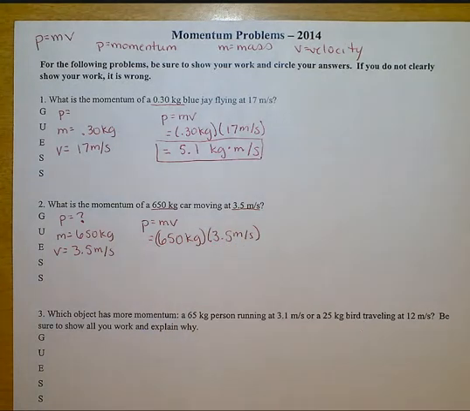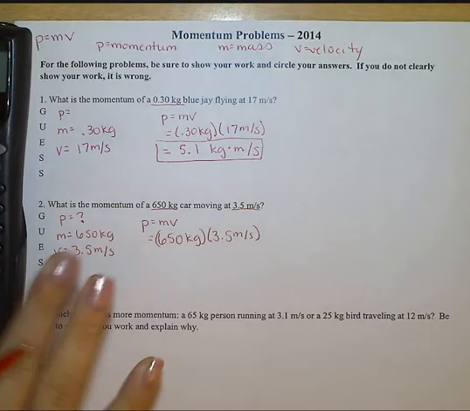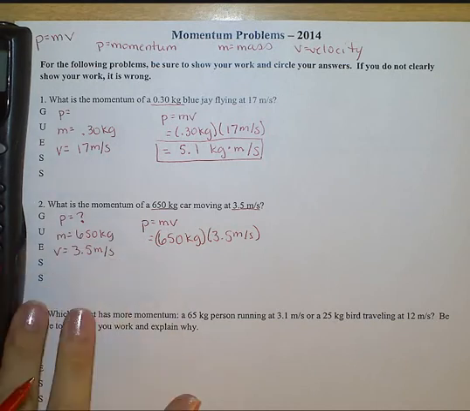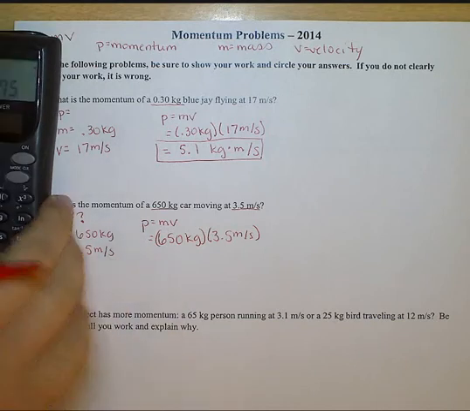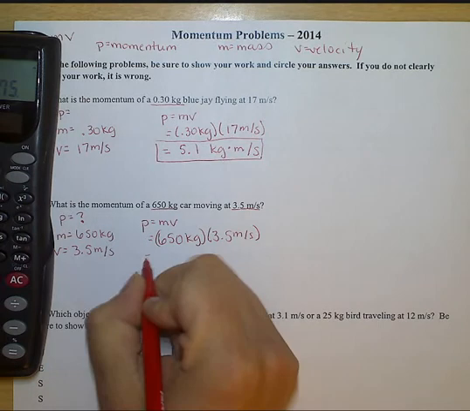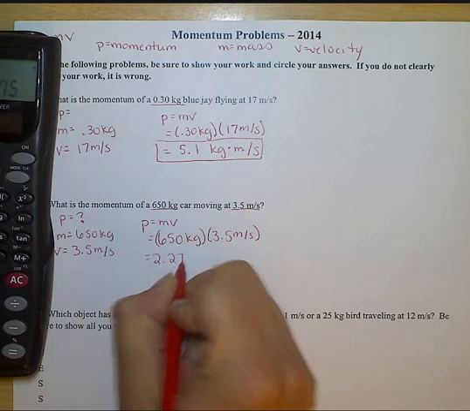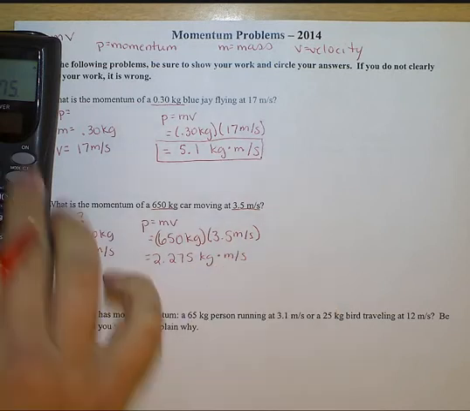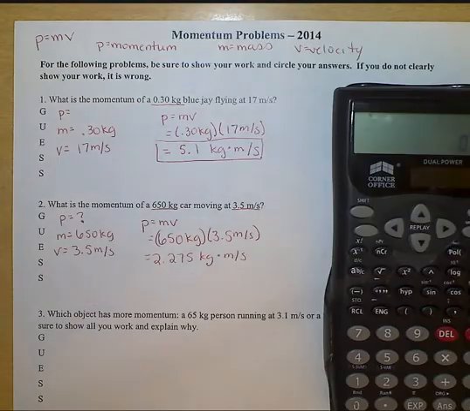I can go ahead and punch that into my calculator. And I'm going to get 2,275 kilograms times meters divided by seconds. I apologize, I should have my calculator over here so you can see it better.